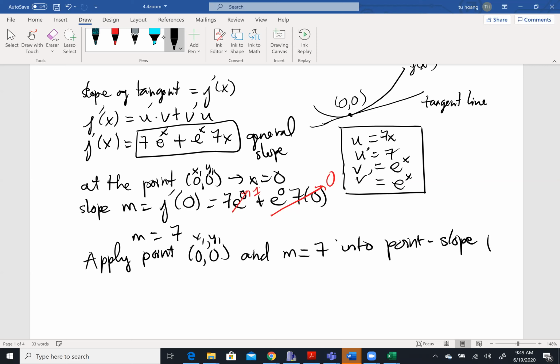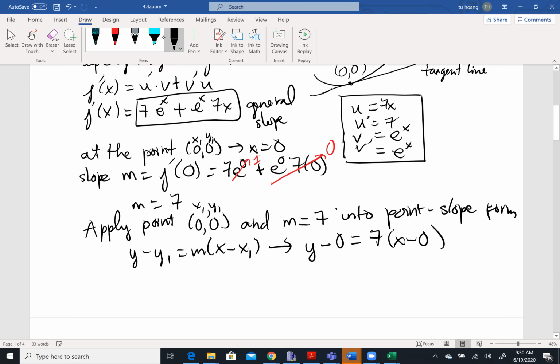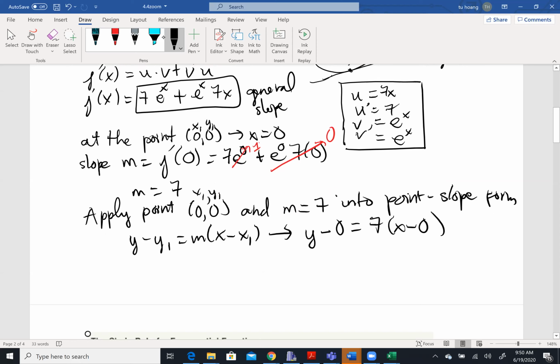So we have y minus y1 equal to m times x minus x1. So you will have y minus 0 equal to 7 times x minus 0. Because this case is easy to simplify, I'm just going to simplify this to get y equal to 7x.